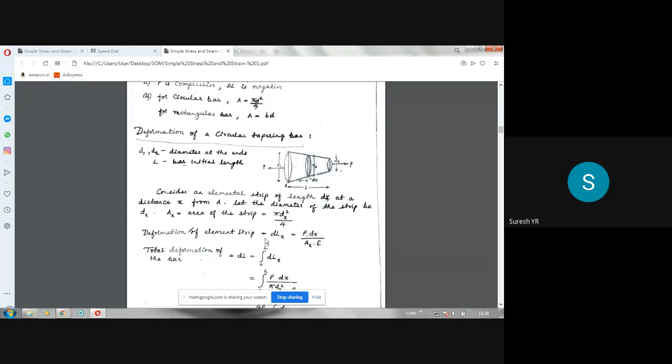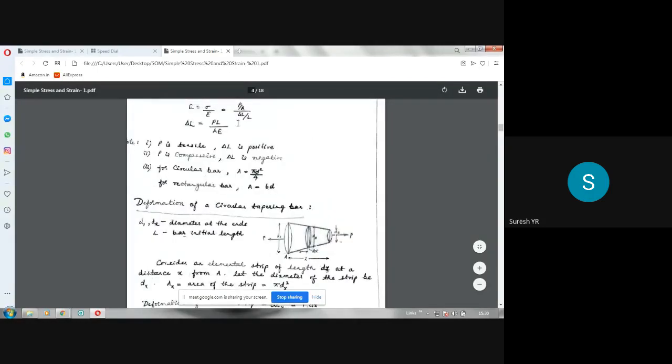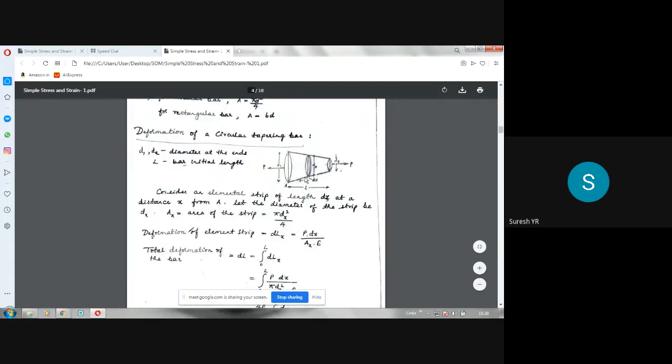If you take a uniform rod, the formula is PL by AE. PL by AE is the formula we have just derived here. So this is the formula we are going to use for a uniform bar. If you assume the smaller length is a uniform bar, then the deformation of the elemental strip, I will write as DLX, because for this elemental length dx, I am finding the extension.